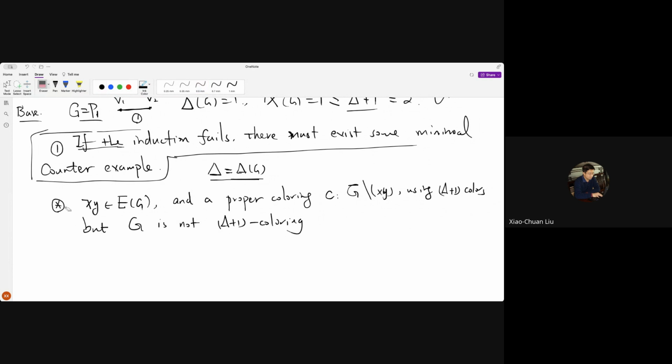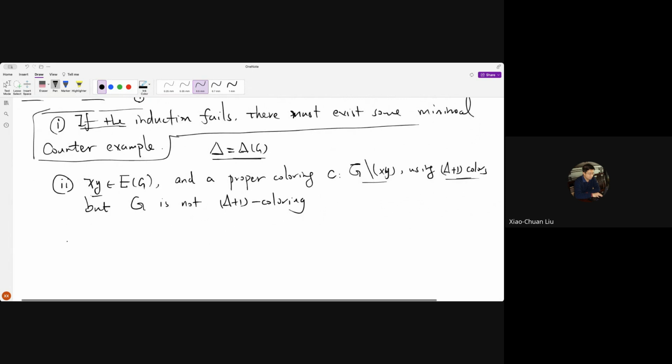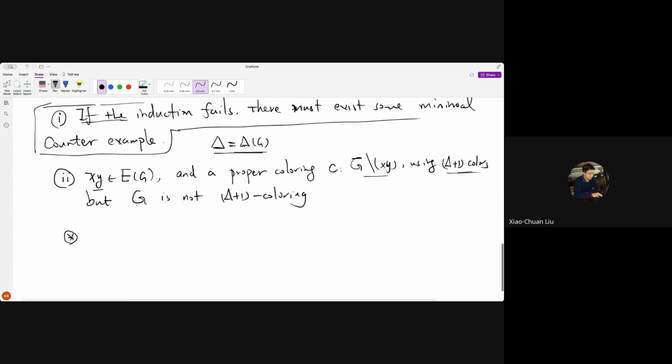So there must exist some edge. Take the minimal example, and there must exist some edge such that if you take it out, you can actually use delta plus 1 colors to color the graph, and G itself you cannot. Further, I want to translate this.